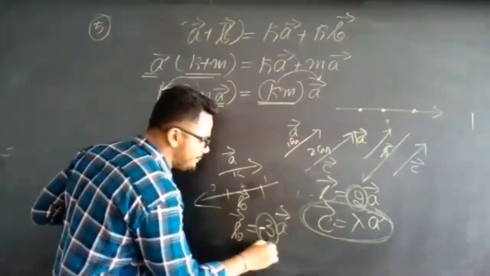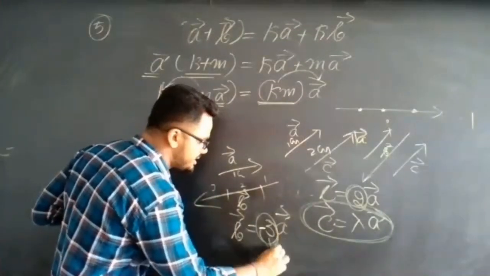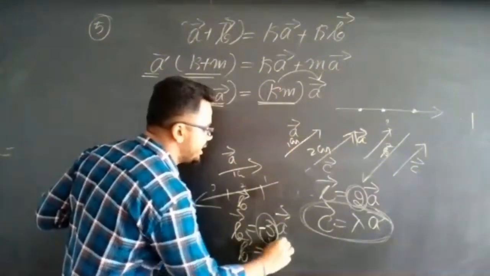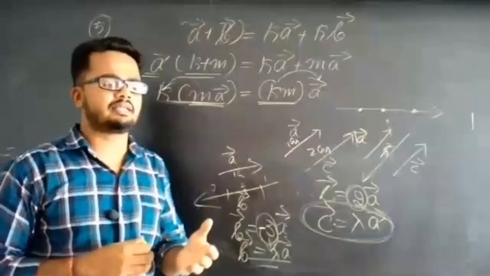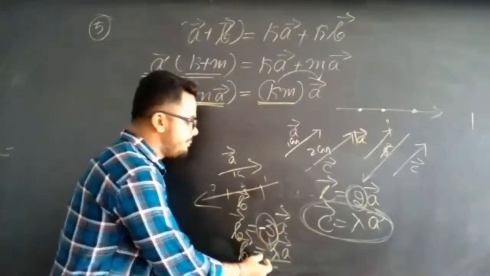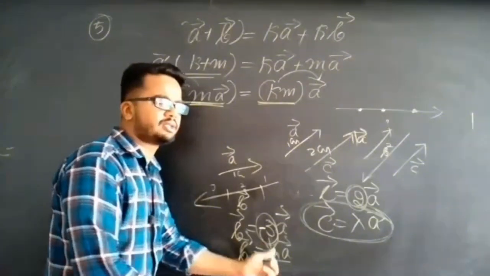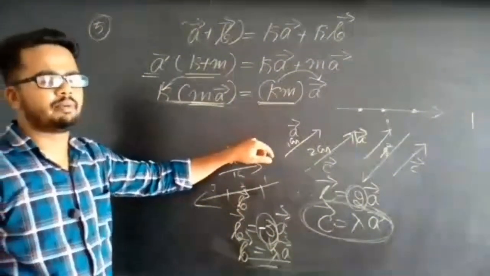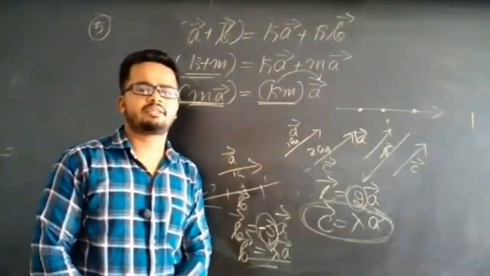So this will become lambda, that is, B is equal to lambda A. If one vector is related to another vector with lambda, then they are called collinear vectors.